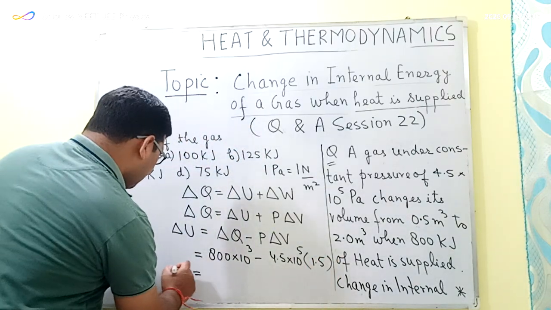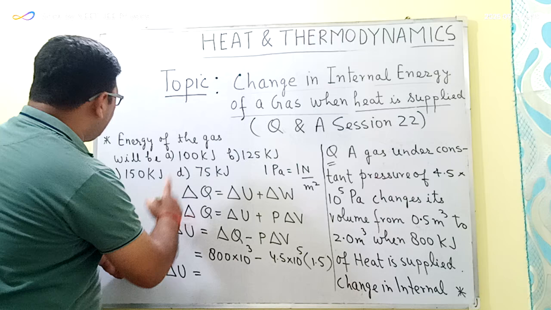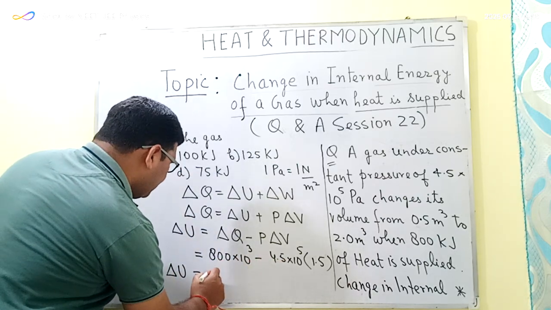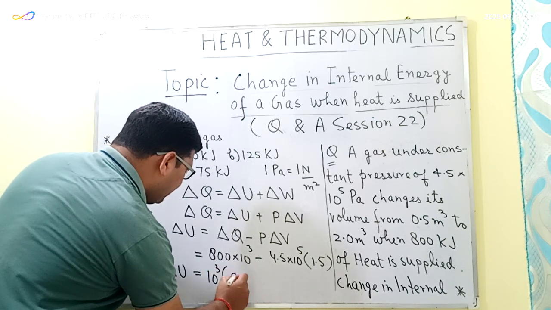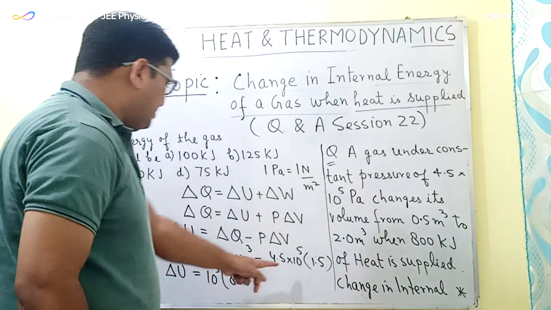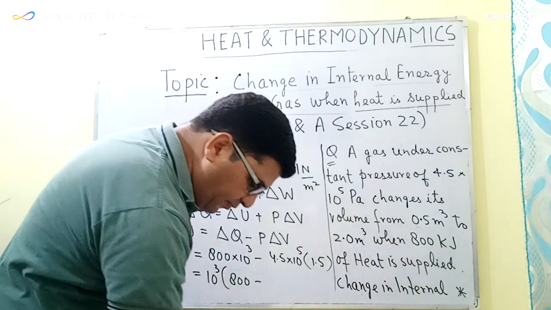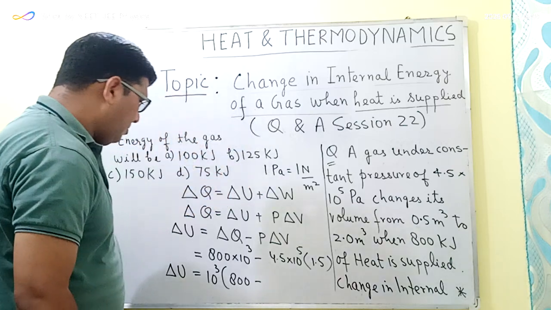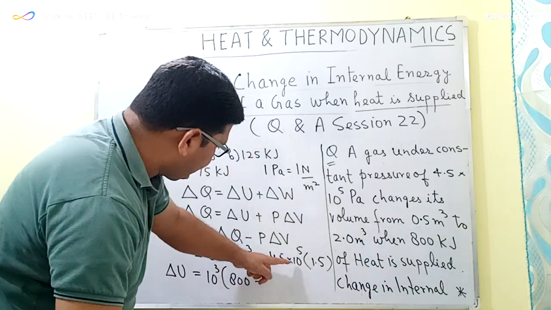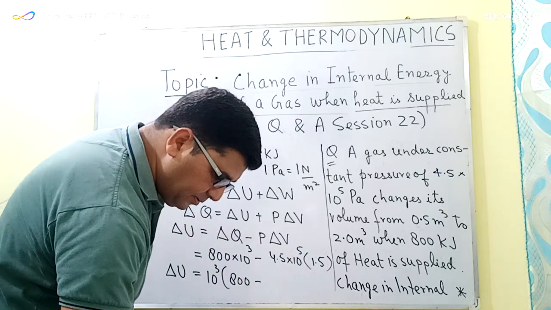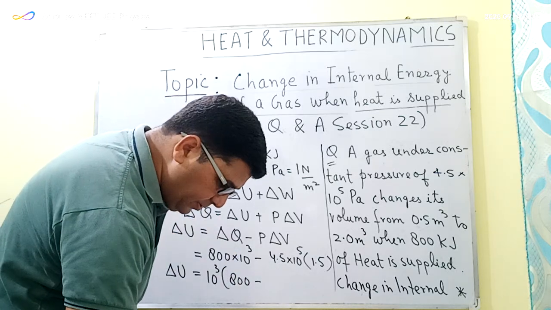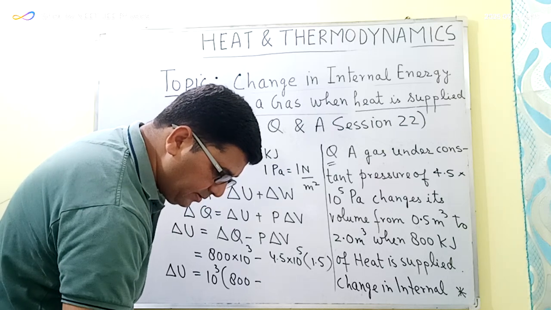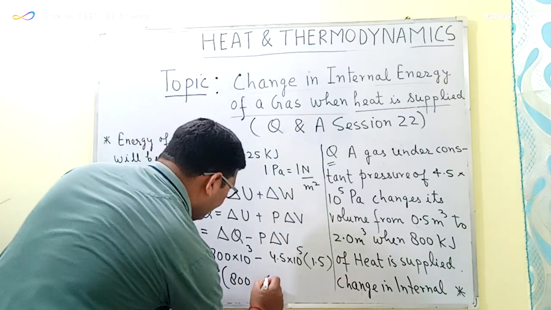So finally the change in the internal energy of this gas will be equal to, 10 to the power 3 can be taken as common, so this is 800 minus 4.5 into 1.5 into 10 to the power 2, which is equal to 100. So 4.5 into 1.5 into 100 is equal to 675.